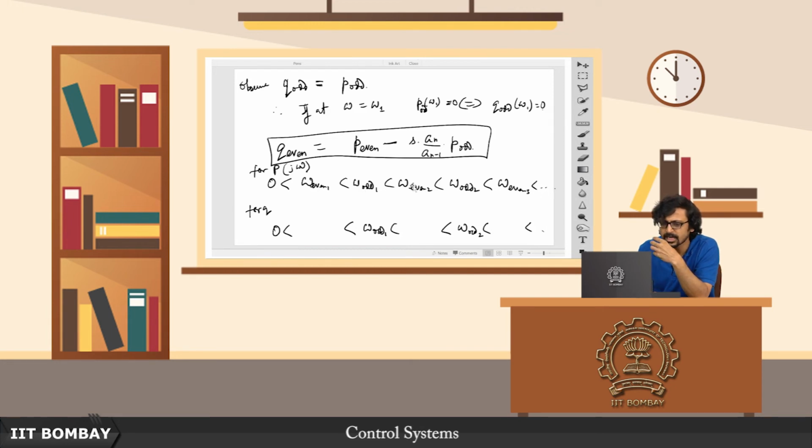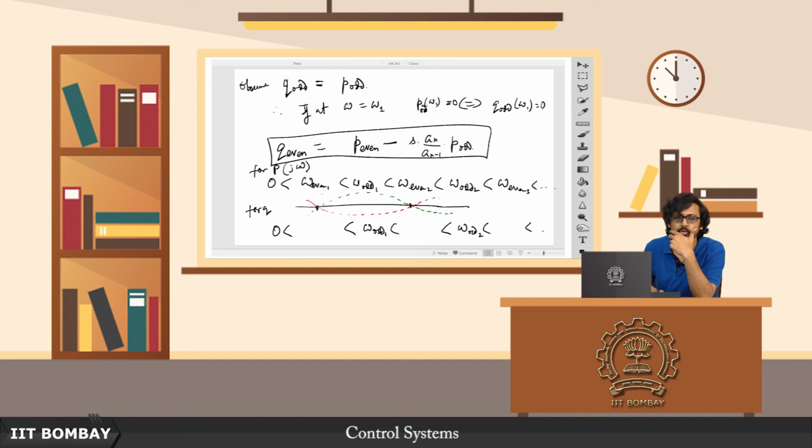The even part vanishes at a point like this. So consider the sign of the even part between two of its vanishing points, two of its roots. If you draw the curve of this, let us say this is the axis, this is ω even 1, ω even 2. If there are two zeros, either the plot is like this, or the plot is like this.